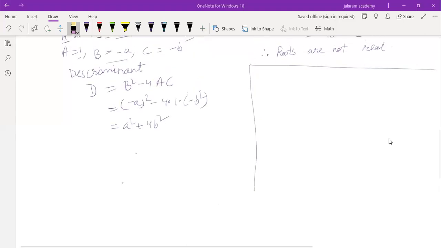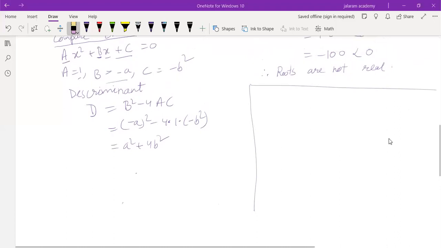So when we get the discriminant a square plus 4b square, it involves the square of a number. If you think about the square of a number, what can it be? It can either be greater than 0, or if a is 0, then it can be 0 also. Means a square can be greater than or equal to 0, and b square also can be strictly greater than 0 or equal to 0, but it cannot be less than 0.